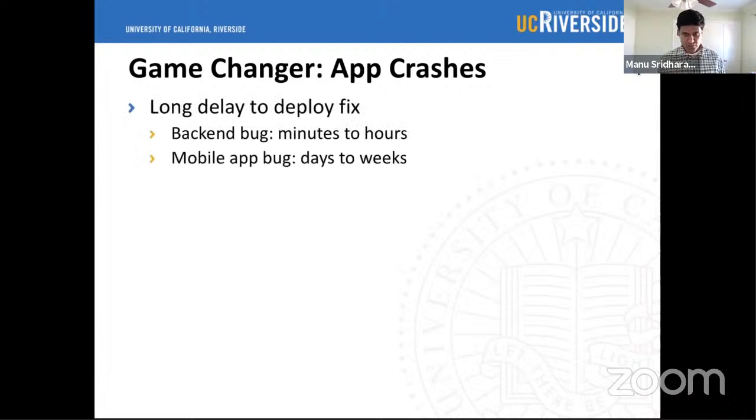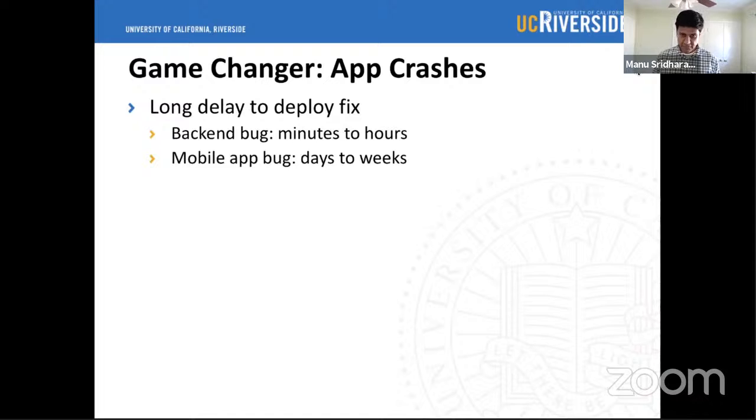So the issue with bugs in mobile apps is that it can take quite a long time to deploy a fix if you have some critical bug and you need to get your fix out to users. If you have a good deployment system on your backend servers, you can potentially deploy a bug fix once you've written it on the order of minutes to hours.